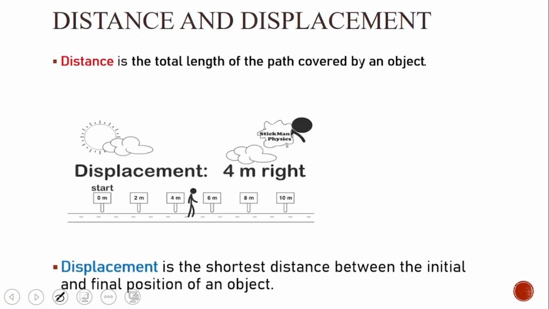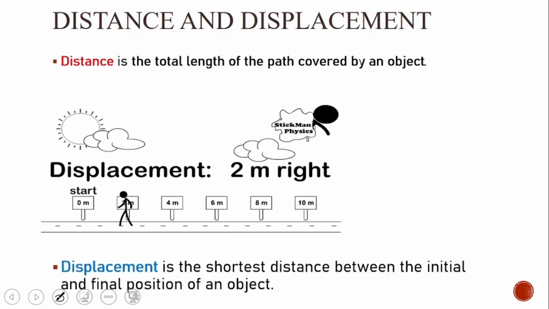It is complex to understand practically, so let's see an example. Here we can see a man walking. His starting position is this point, that means 0 meter. At first, he has traveled 2 meter, then 2 meter, then 2 meter. That means a total of 6 meter, and he is not stopping, so he is coming back to 4 meter.